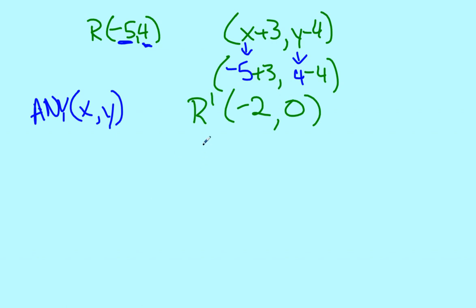We can confirm this with a terrible little grid here. We have -5, 4. This is R. We say x plus 3, which means x is moving to the right, getting bigger 3 places. So 1, 2, 3. Oh, I don't want to actually put the point there.